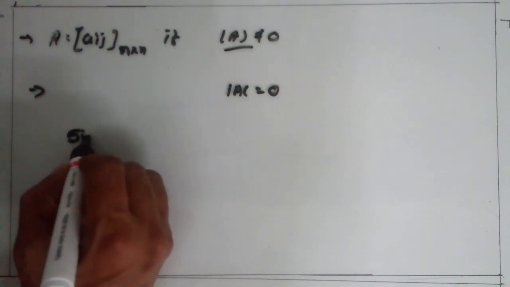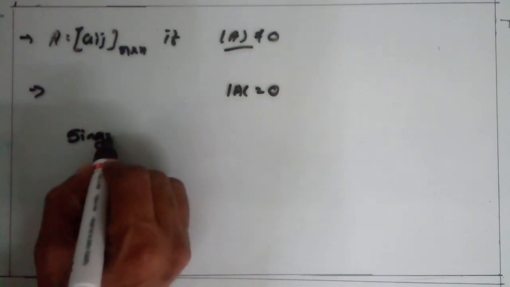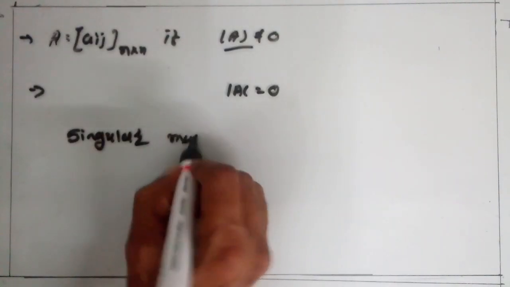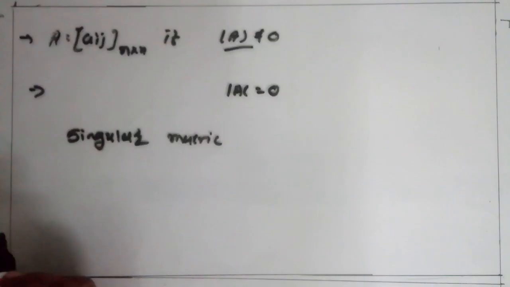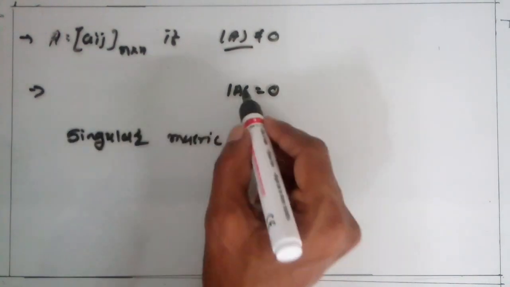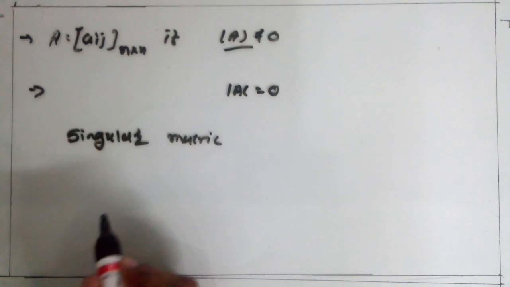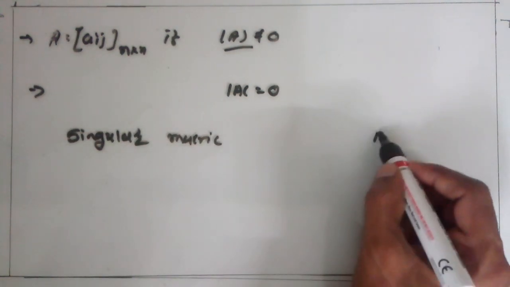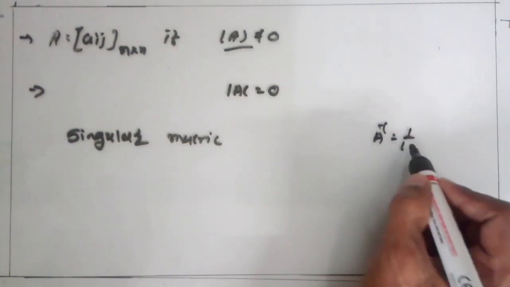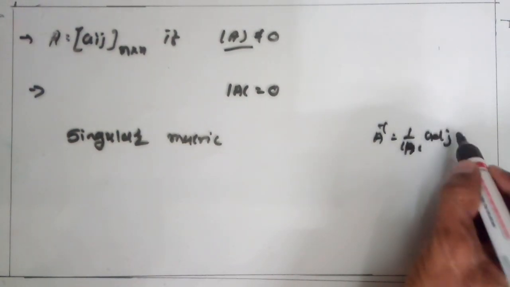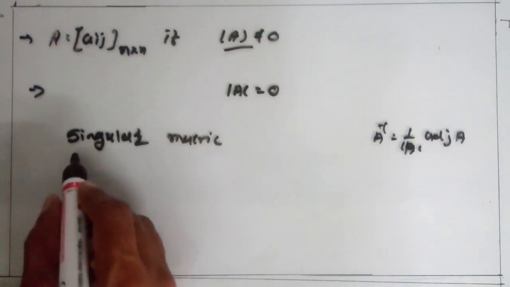If A is a singular matrix, then the determinant of A is equal to 0. And we know that A inverse is equal to 1 upon determinant of A into adj A. Remember this.